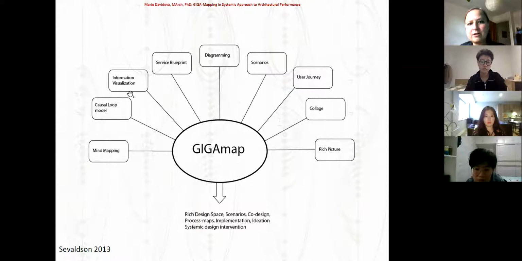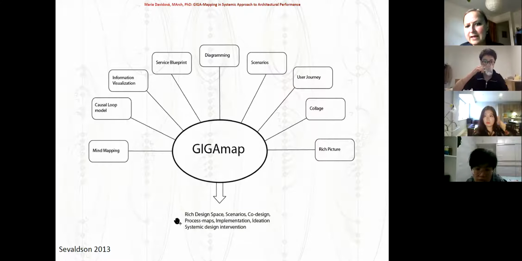This is not the only thing that it can be involving, but it might involve mind mapping, causal loop model, information visualization, service blueprint, diagramming, scenarios, user journeys, collages, and rich pictures.